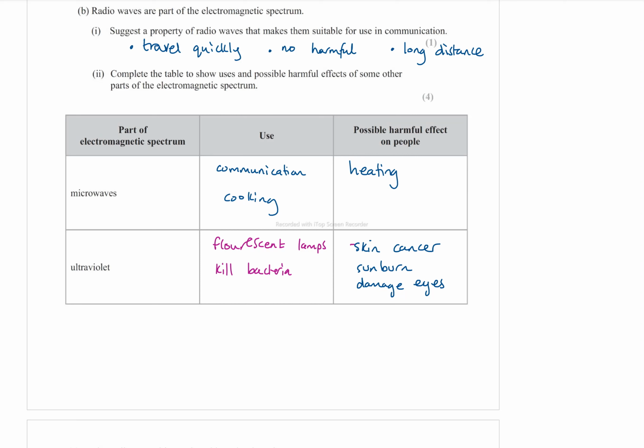Skin cancer, eye damage, sunburn. Yeah, so ultraviolet, that's what I thought it was. It's used for tanning lamps. If you've got too much exposure, it can burn you. It can cause skin cancer, and if it hits your eyes, it can cause damage to the retina, causing blindness in effect.